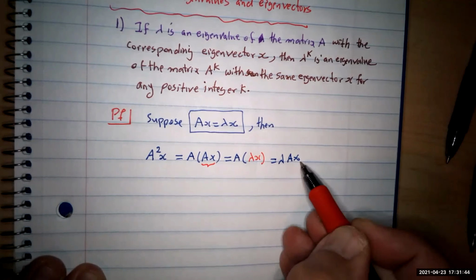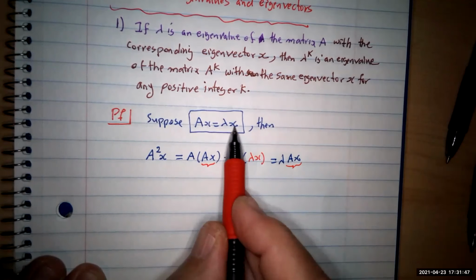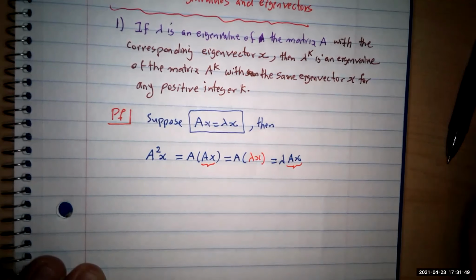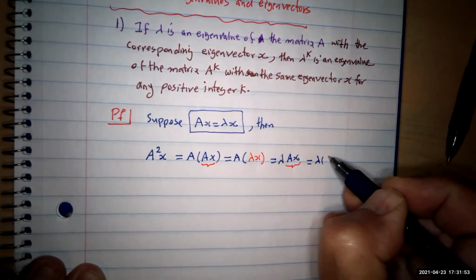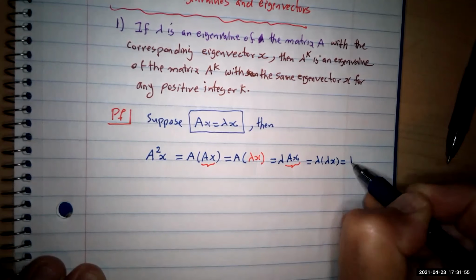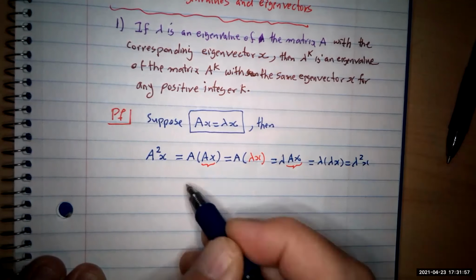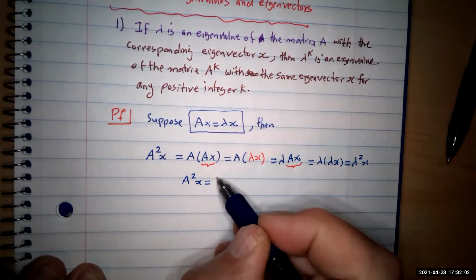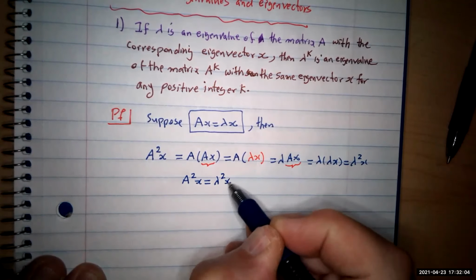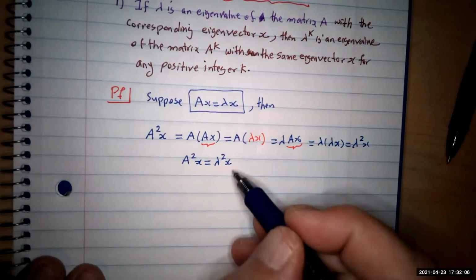Ax is equal to lambda x again. So this is going to be lambda times lambda x, which is lambda squared x. Nice. A squared x is equal to lambda squared x. And remember, x is a non-zero vector.